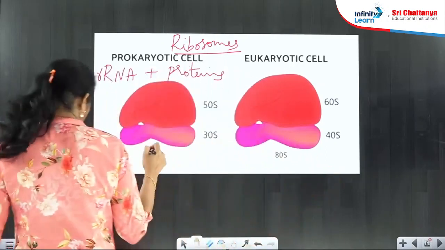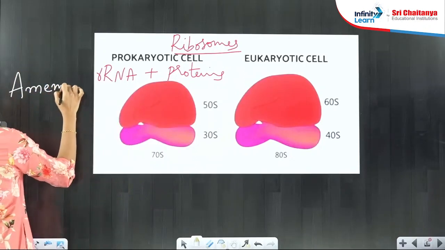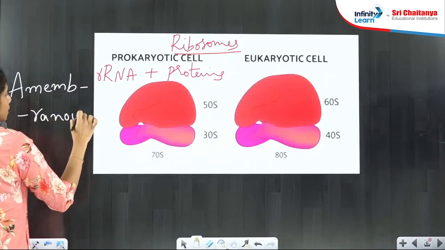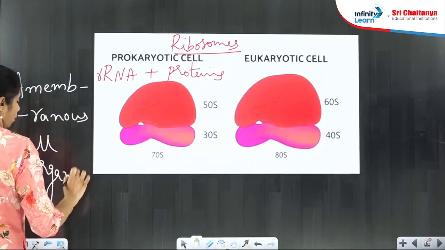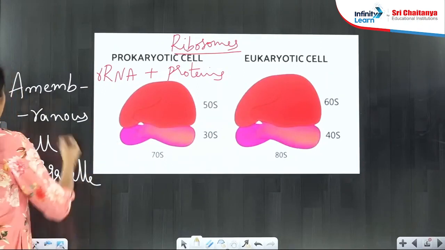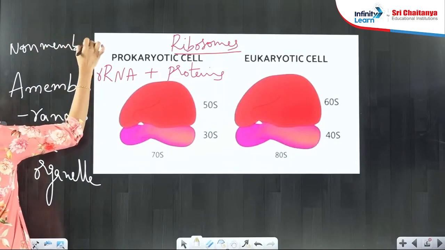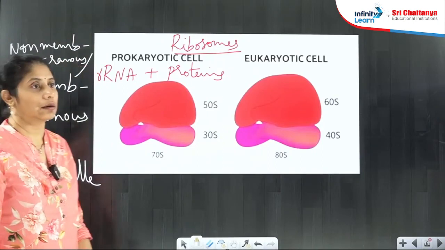So a very, very important point here: this is an amembranous cell organelle. Amembranous means no membrane. Non-membranous also you can call it.